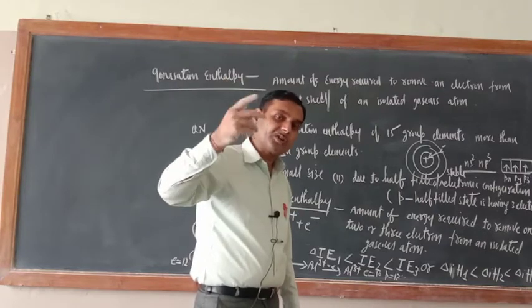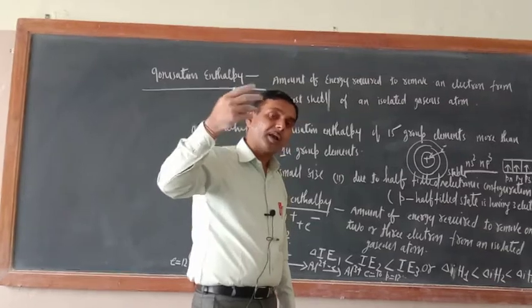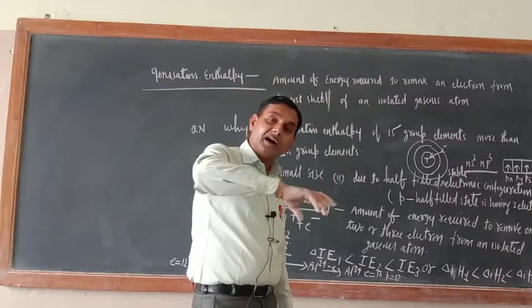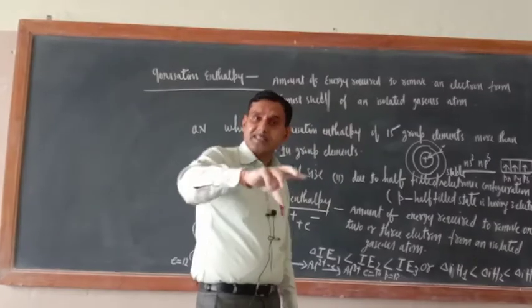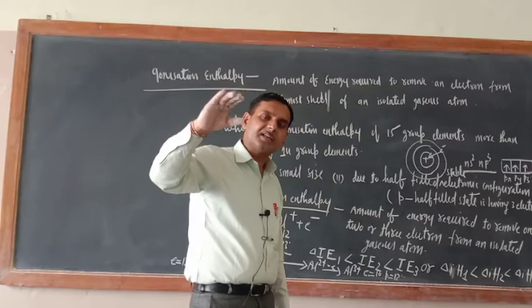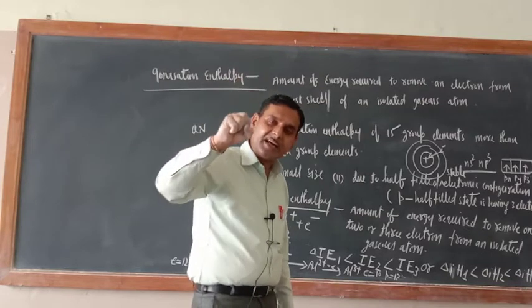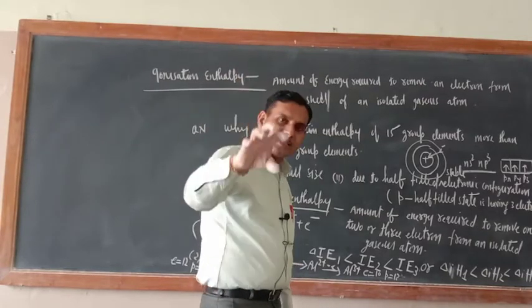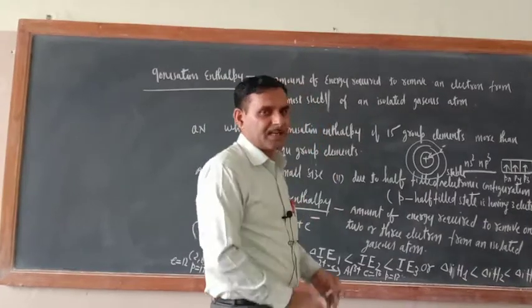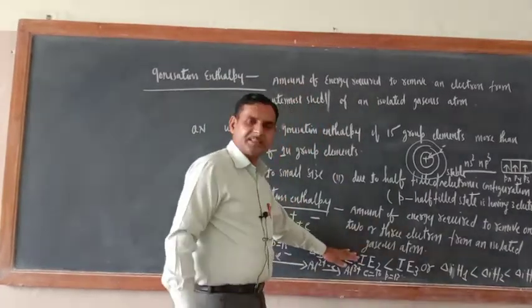If it is positively charged, the proton count, meaning nuclear charge, is more and electrons are less. The more the protons, the more the nuclear charge, and the more the shrinking of size. Once the size shrinks, more energy is required to remove the electron. That is why this order is there.